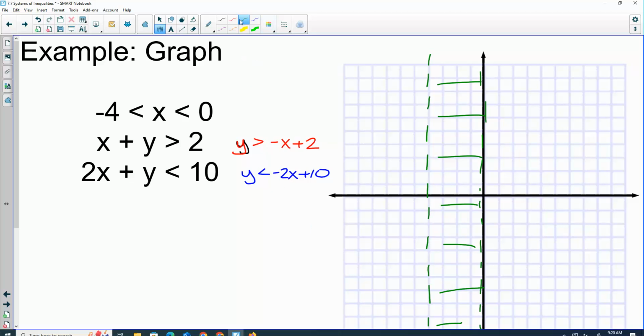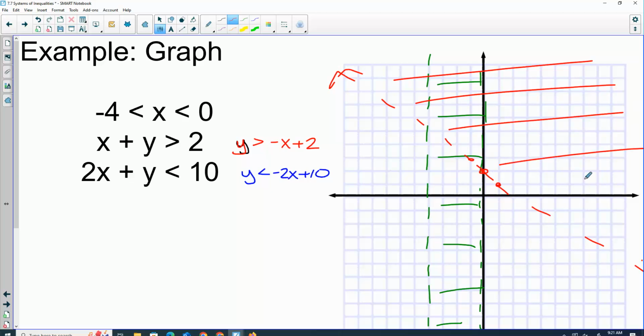Okay, second one, y-intercept is 2, slope negative 1, no equal to, so dashed line. Y is greater than, so we're shading above. Last one, y-intercept is 10, slope is negative 2. So down 2 over 1.